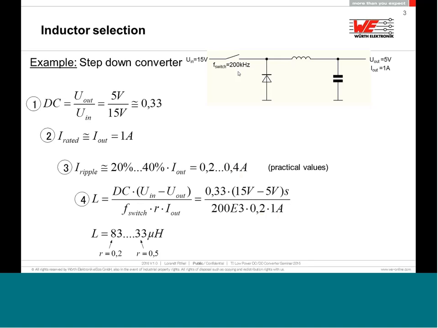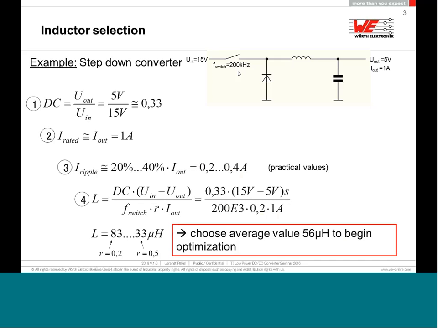So these are the two limits. We know roughly what the maximum and the minimum are, but we will choose for good performance. I always recommend taking the middle value, which would be in this case something like 56 microhenry, for a start. Then you measure the efficiency, and then you can take the 83 microhenry, fold it in, look at the efficiency now, then take the 33 microhenry and look at the efficiency now.